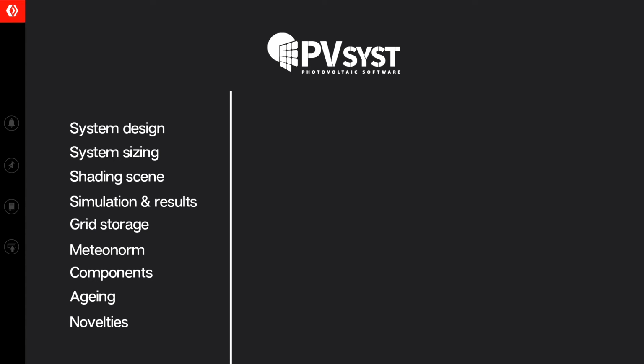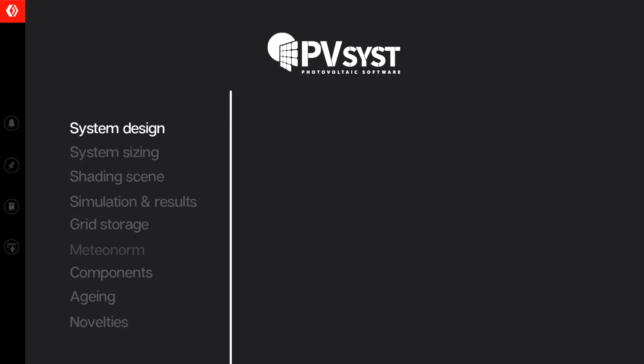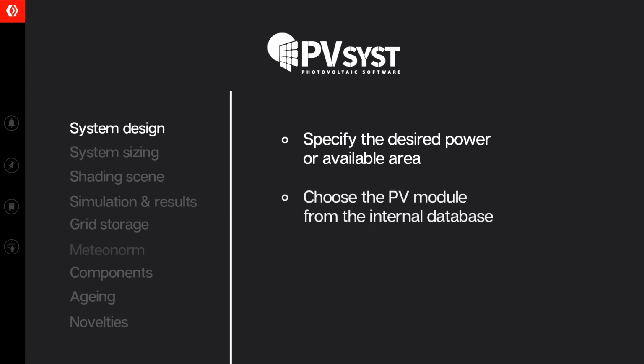Let us now look at each functionality in detail. The first one is system design. PVSyst allows us to design our system in the System Design tab. In this particular tab, we are basically allowed to specify our module and select our inverter.